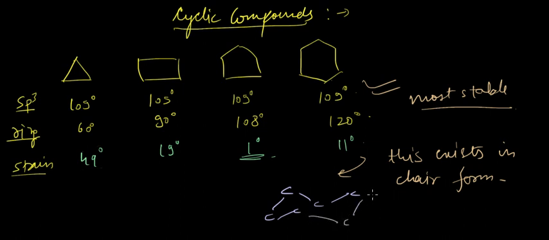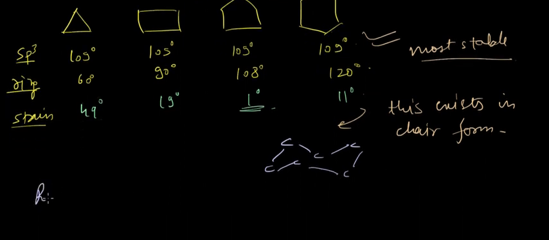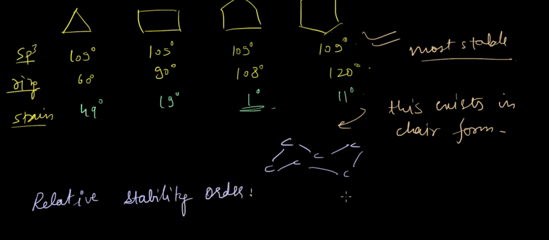This is how the cyclohexane ring exists. Hence the relative stability order is 6 member ring, then 5, then 4, then 3. Why? Because 6 exists in chair form.